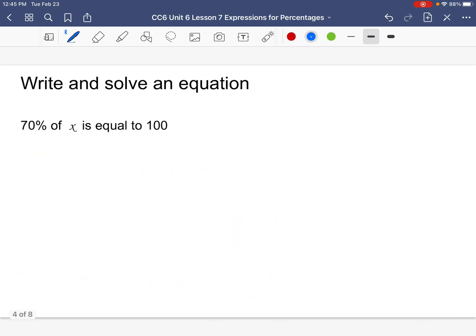So write and solve an equation. We're told that 70% of x is equal to 100. And x is some number. 70%, we need to convert this to either a fraction or a decimal to work with it in an equation.